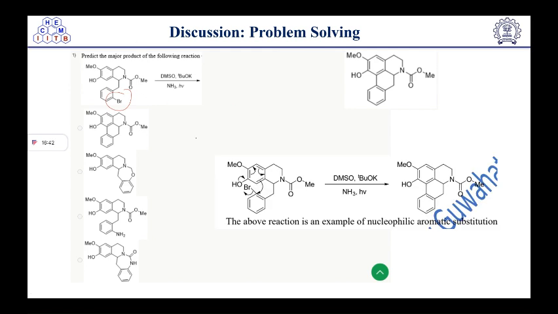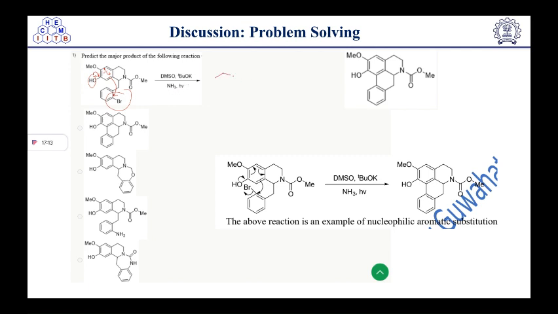This is a nucleophilic aromatic substitution reaction example. Here we have a hydroxy group, right? So it will pull the electron here. Then this group will go here, this will go here, and now this double bond will attack on this side. So simply the aromatic substitution is taking place here.